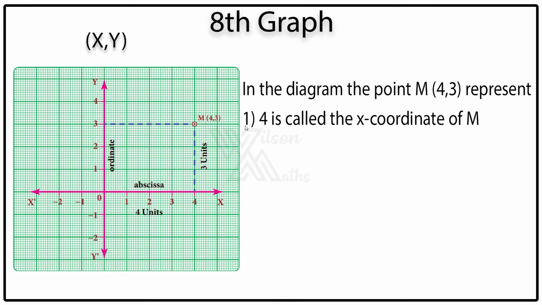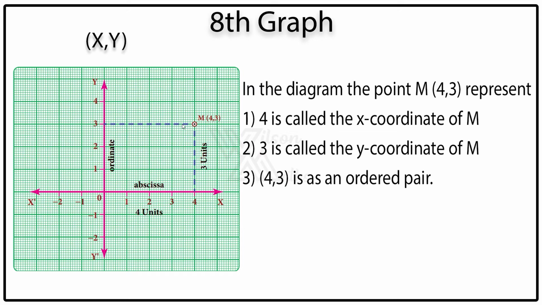First, 4 is called the x coordinate of M. For this point M, the 4 is called the x coordinate. And this 3 is called the y coordinate of M. 4, 3 inside the bracket is an ordered pair.